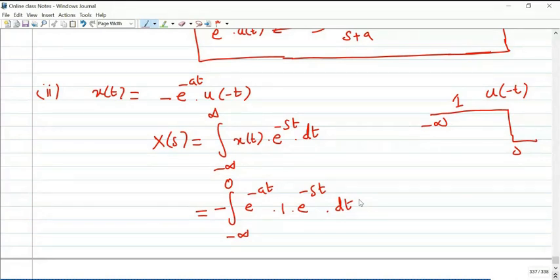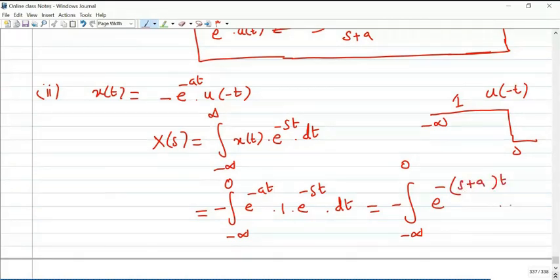So in the previous problem, how did we find the region of convergence? Similarly, we find the region of convergence. So minus integration of minus infinite to 0, e power minus t outside, you will get s plus a into dt.